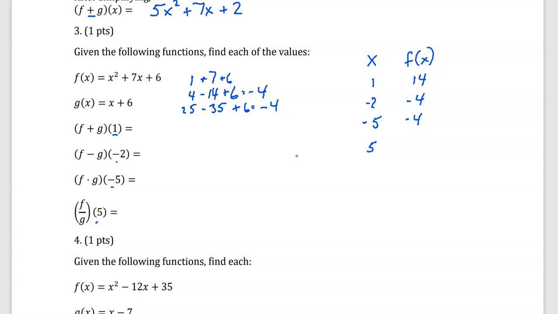And last one, f of 5 would be 25 plus 35 plus 6. 25 plus 35 gives us 50 plus 10 gives us 60 plus 6 equals 66.